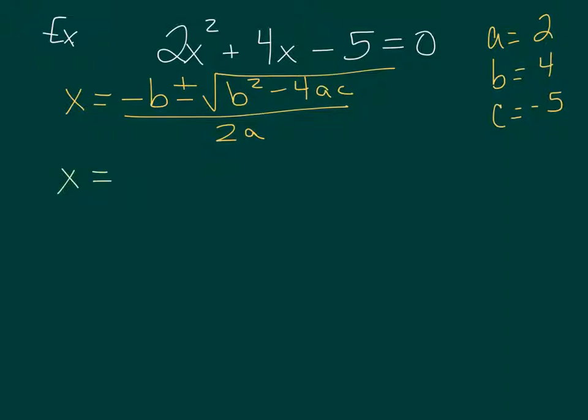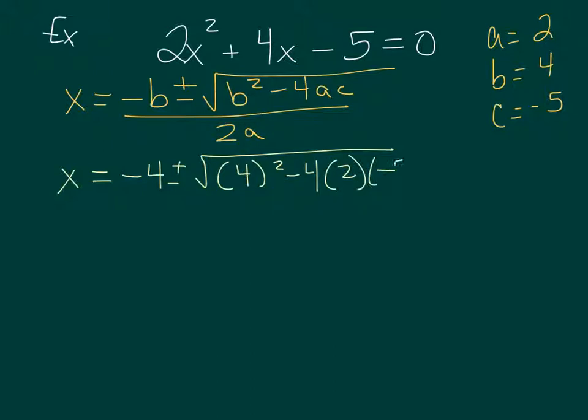So X equals -4 plus or minus square root of 4 squared minus 4 times 2 times -5 all over 2 times 2. So again, make sure that the part on the bottom, everything is over it.